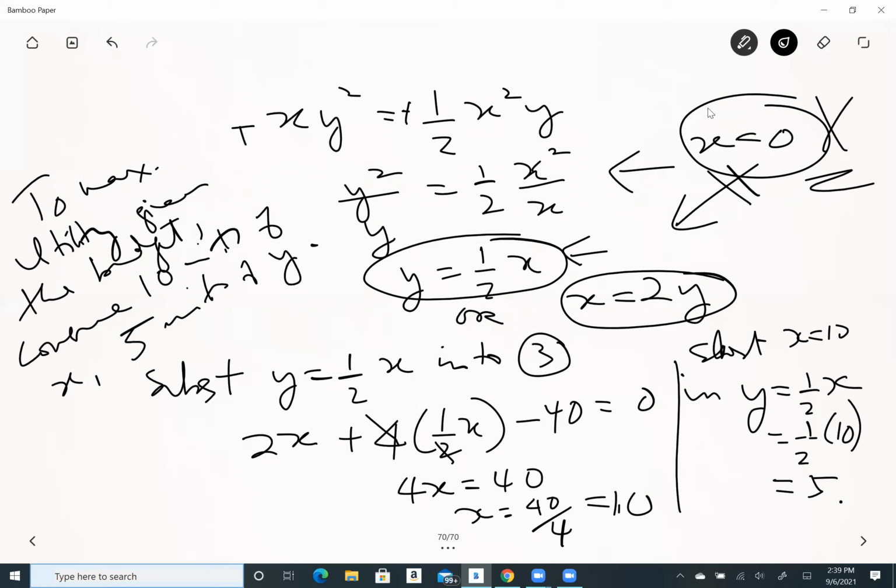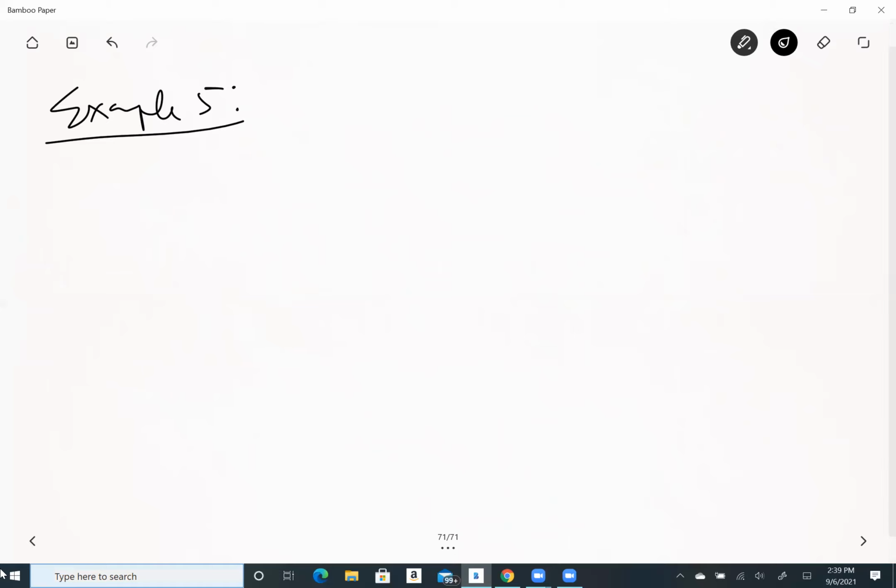So I got to go quickly because I need at least some time to discuss the test. So let's move on to example number 5. If you look at example number 5, here you want to maximize production. You can see that you want to maximize production and then subject to the cost constraint.